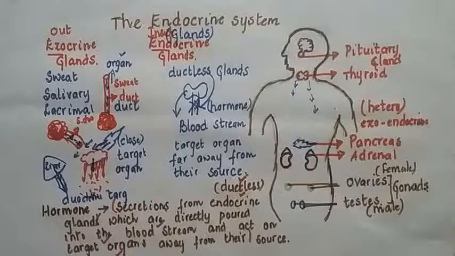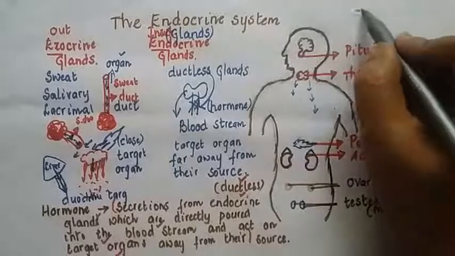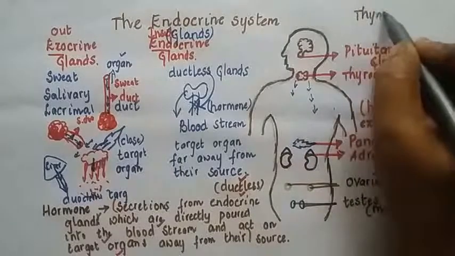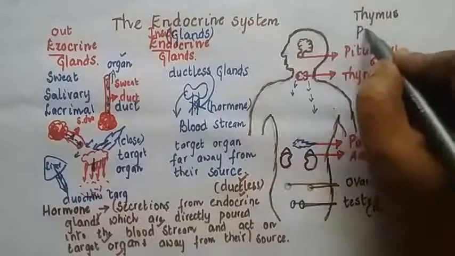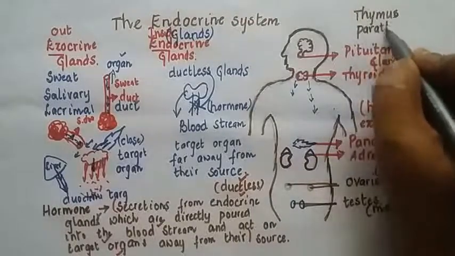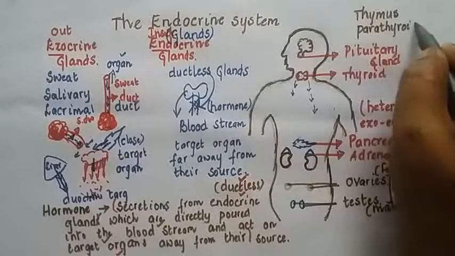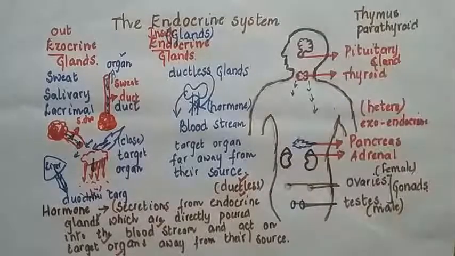Other than this, there are even other glands such as the thymus gland, which is found just behind our breastbone, which is not in the syllabus, right? There is one more gland known as the parathyroid gland, which is found behind the thyroid gland.